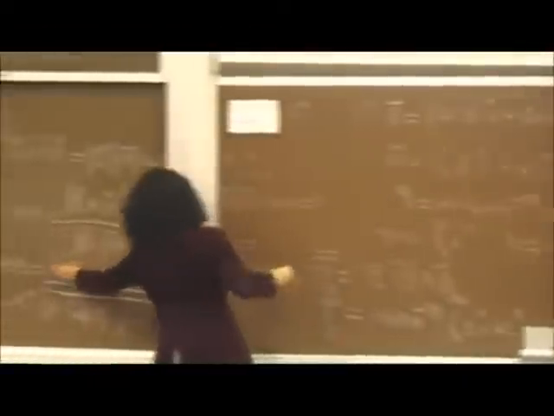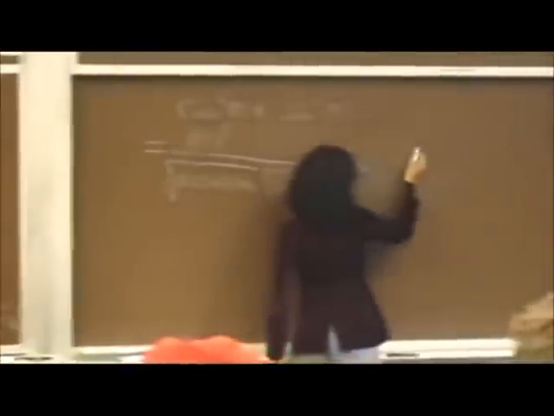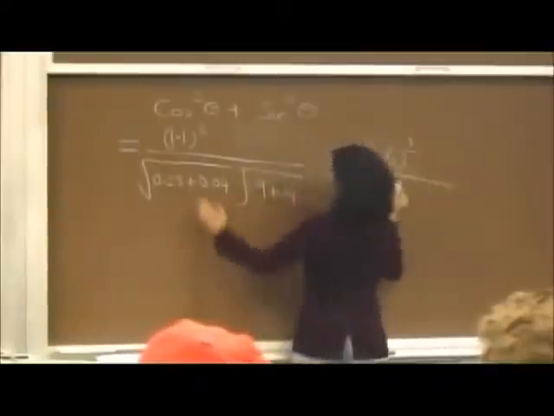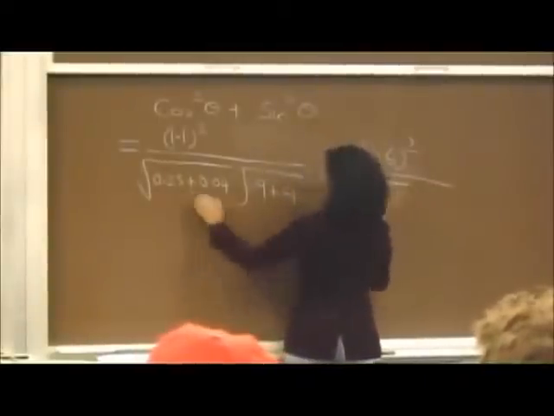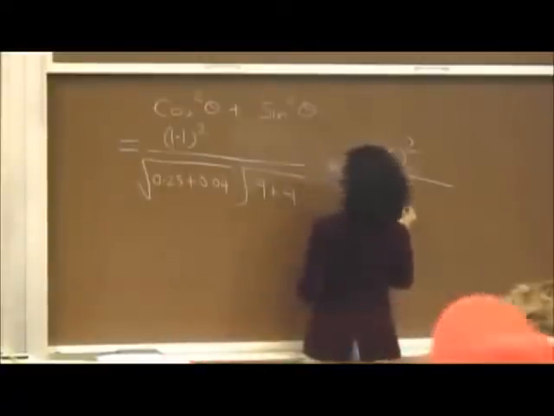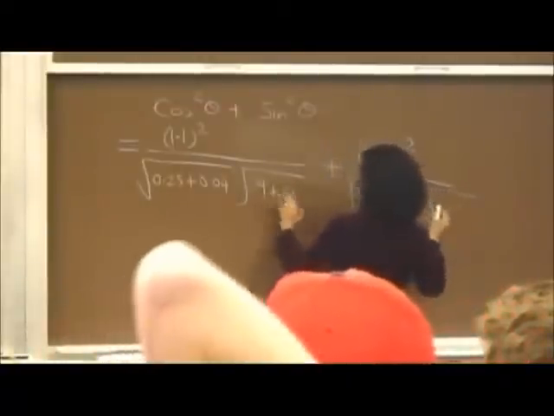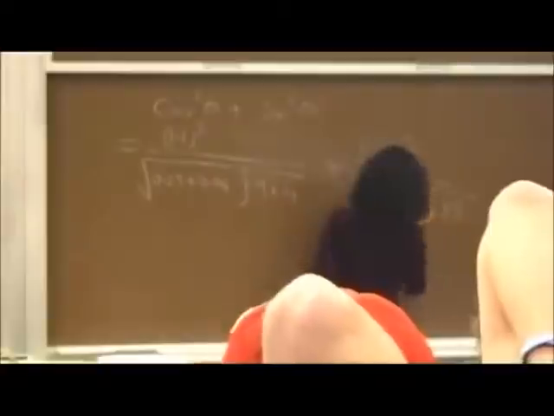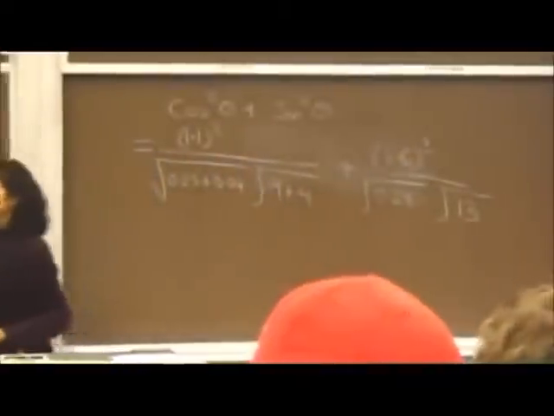Sine square is 1.6 square divided by the same denominator. So this plus this is how much? 0.29 and square root of 13, right?